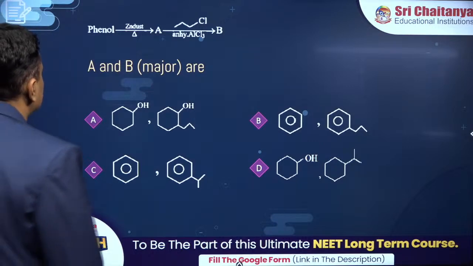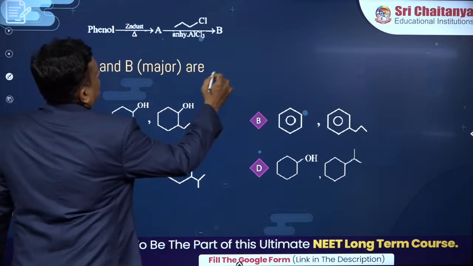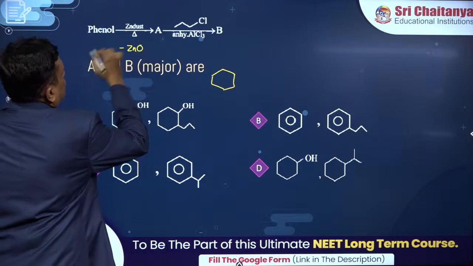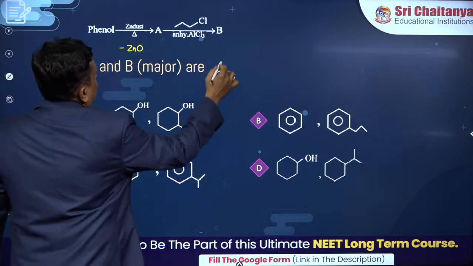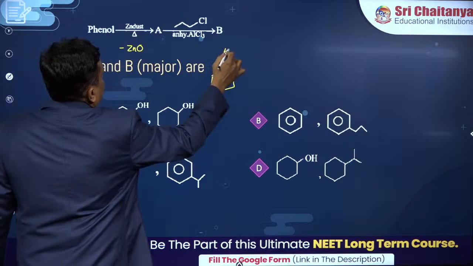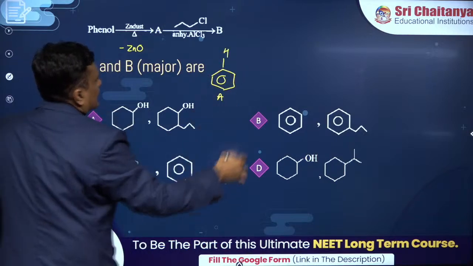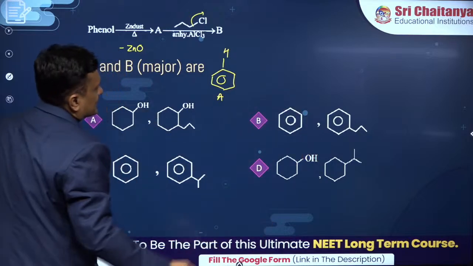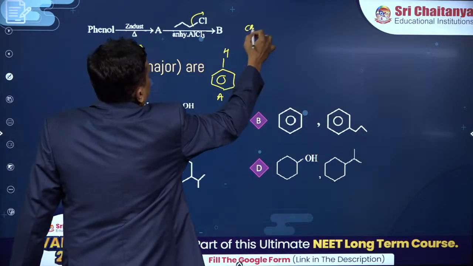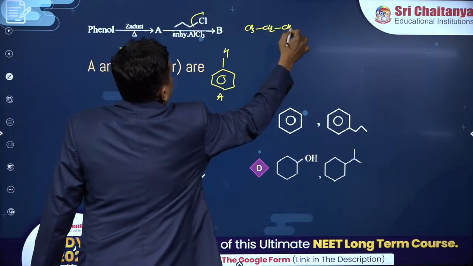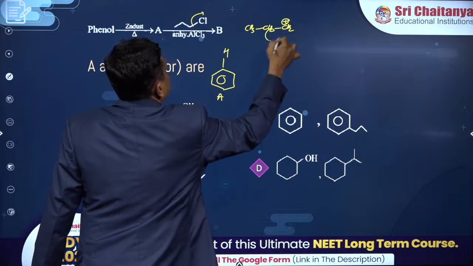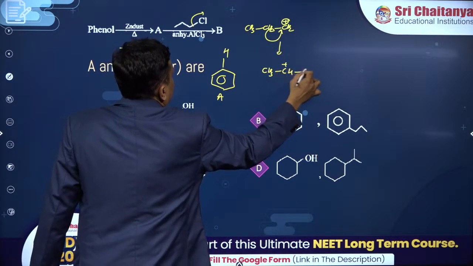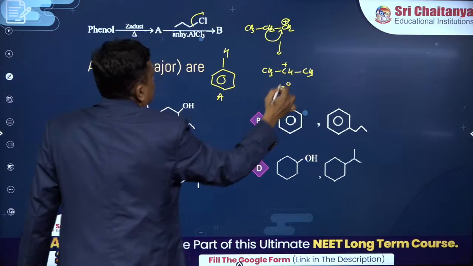Yeah, phenol with zinc dust, you know that zinc will take away the oxygen left behind the benzene. So A is benzene, and when chlorine is removed, the carbocation that is obtained is primary, CH3CH2CH2+, which will be rearranged to secondary, because the secondary carbocation is relatively more stable.